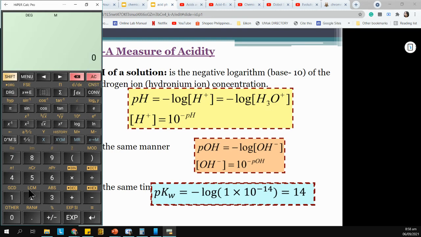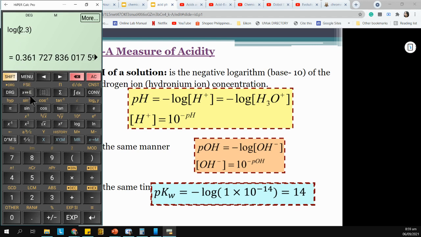Ginagawa ko dyan is, log mo lang siya, then 2.3, then negative mo. Bakit nag-error ka pa rin? Oo nga, nag-error siya.